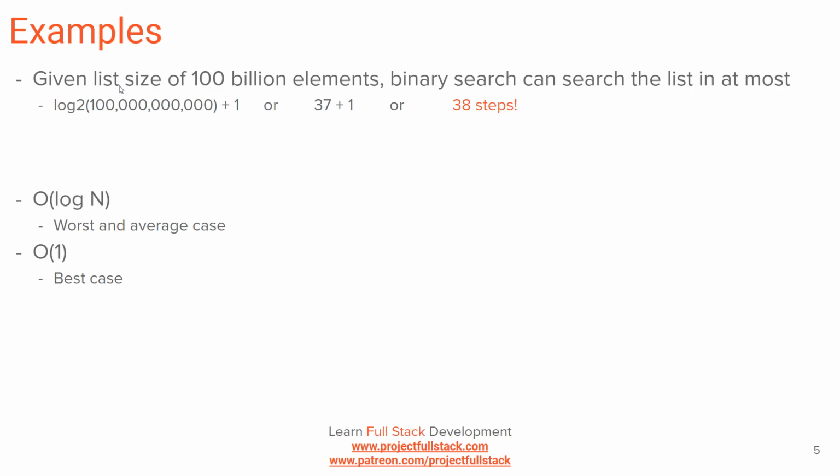So we take log base 2 of 100 billion, we add 1, and it comes out to be 37 plus 1 or 38. Think about that. You can give me a list that's 100 billion elements and ask me, does this number exist in that list? And I can do 38 comparisons and find that out. Across 100 billion elements, I only need to do something 38 times to tell you if that thing's in the list or not. That's crazy in my mind.